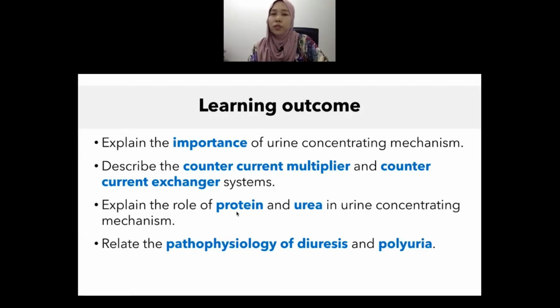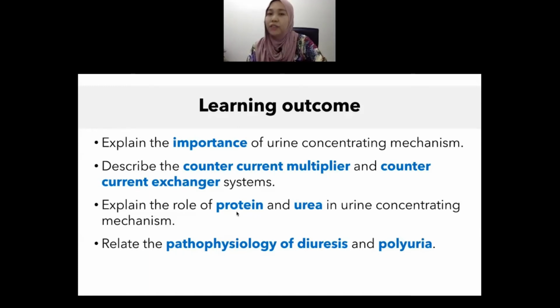So all of this processed protein, this amine group, will be converted by the liver into ammonia, and the ammonia later will be converted into urea, and our kidney will filter out all 100% of the urea that is produced.